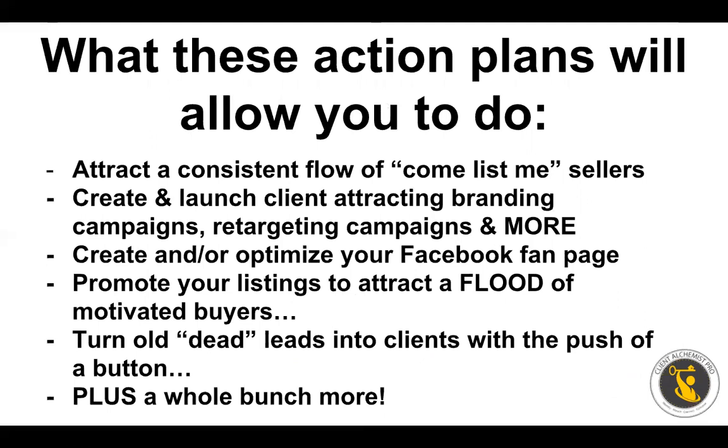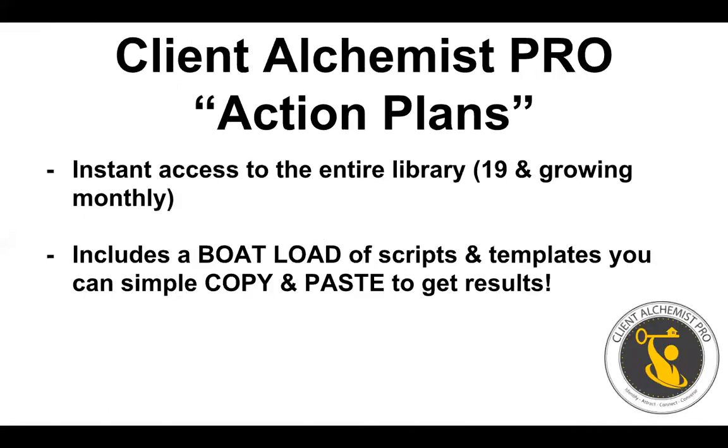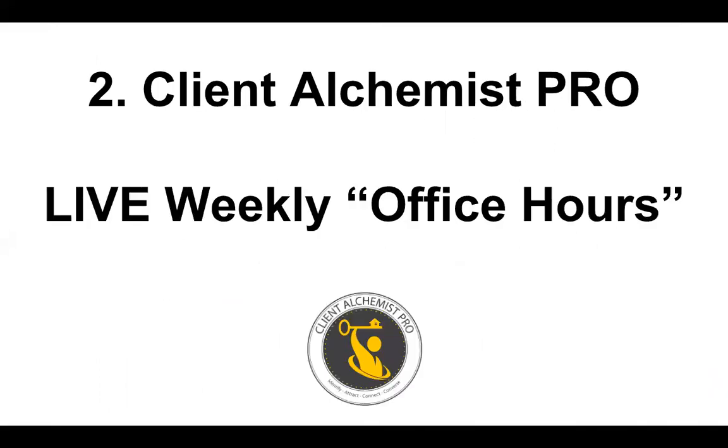And they can allow you to do a whole bunch of things like promote your listings to attract a flood of motivated buyers, turn old dead leads into clients with the push of a button, create and launch client-attracting branding campaigns and retargeting campaigns and more, plus a whole bunch of other topics and business-building activities and actions. You get instant access to the entire library, and it includes a boatload of additional scripts and templates that you can simply copy and paste to get results.